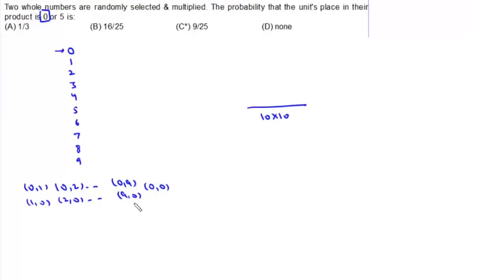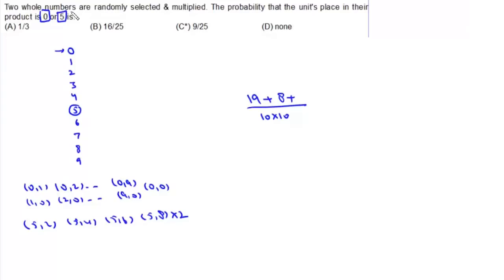Now we have 18 plus 1, 19 cases. So it will be this 19 cases. We'll also get 0 when this 5 gets multiplied with an even number. Now 0 has been already considered, so it will be 5 2, 5 4, 5 6 and 5 8 into 2, because we can reverse the digits. So there will be 8 cases, and then finally we have this case where the units digit is 5.